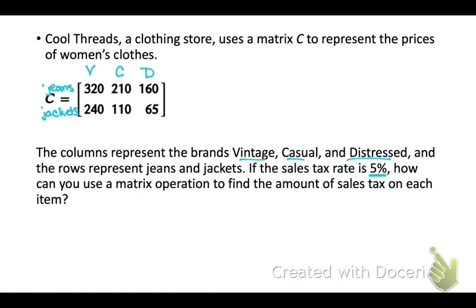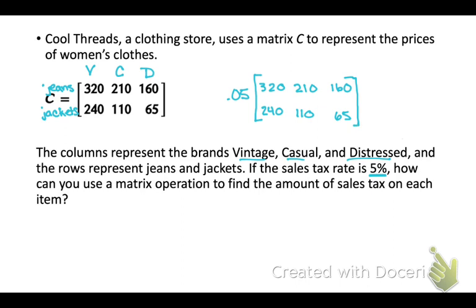So what we're going to do is put 0.05 times 320. We're basically going to multiply by 5 and put 2 decimal places in.